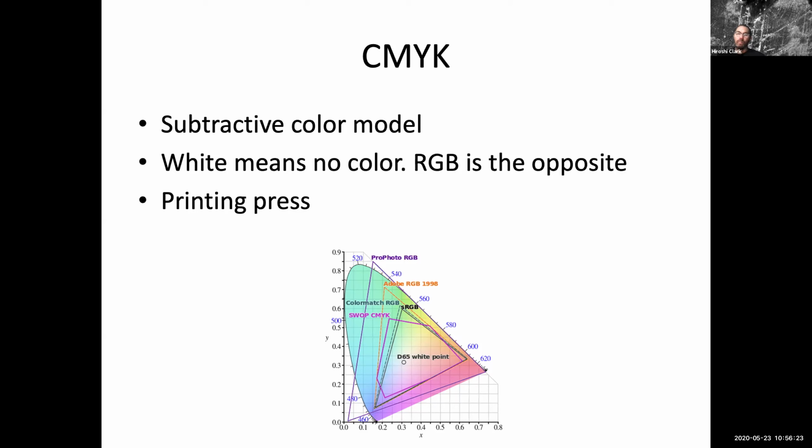Now, I'm just throwing CMYK out there, but the only time I've ever had to use CMYK is when I've been printing books. And even then, a lot of the book publishing companies will convert it for you. But just know that this other color space is out there. And if your photo's in CMYK, then chances are your photo's not in the correct color space that you need it to be in.